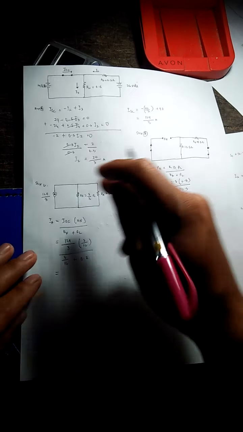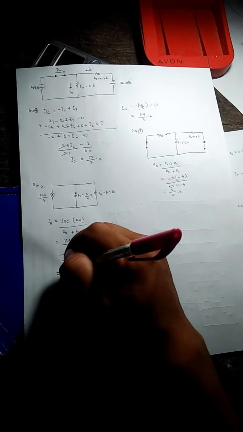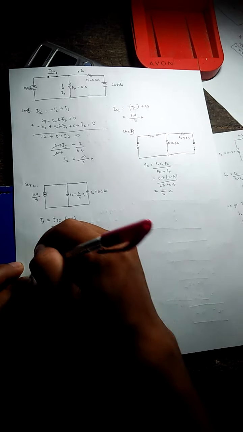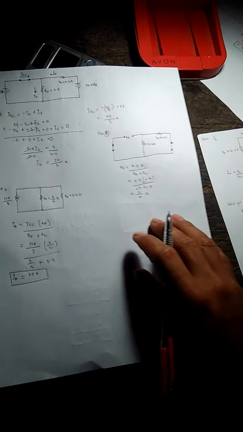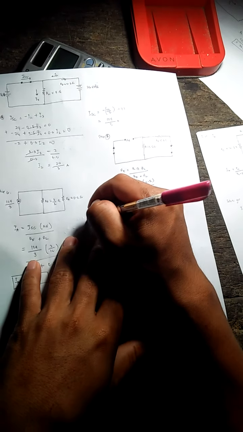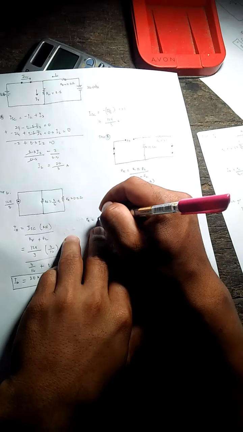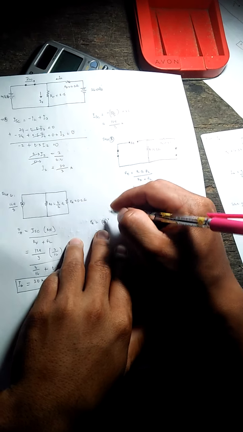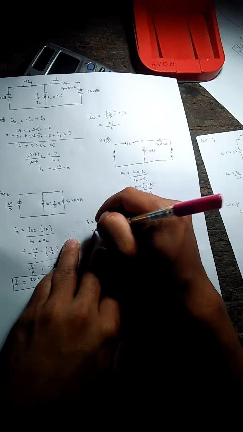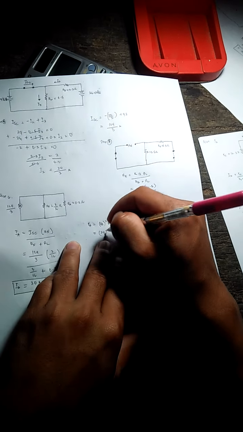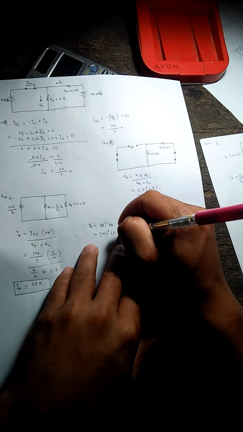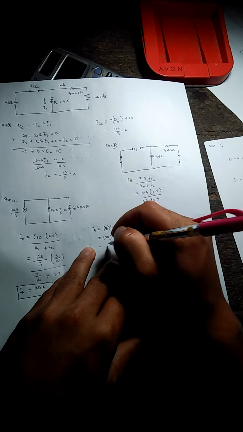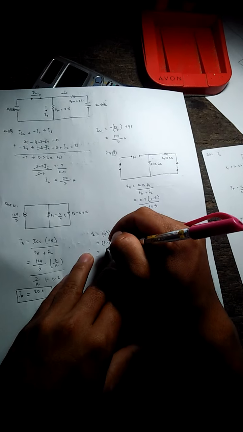Directly solving in the calculator, we have 20 ampere. This is our IA. Since we got our IA, we can have our PA, which can be solved by IA squared times RA. So it will have 20 squared times 0.2, which is equal to 80 watts.